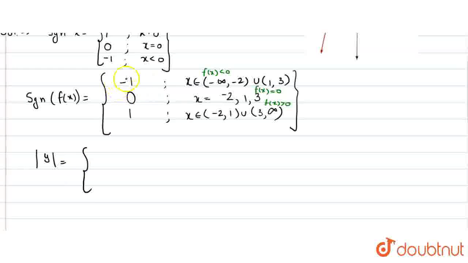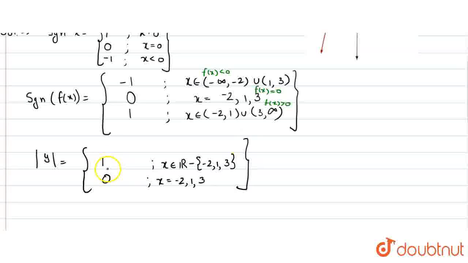So minus 1 is also changing into 1. So the function will give only two values, 1 and 0. It is 0 when x is equal to minus 2, 1 and 3. Rest everywhere it is positive. So we can say that x belongs to real numbers, but except these numbers, it is 1. Right?